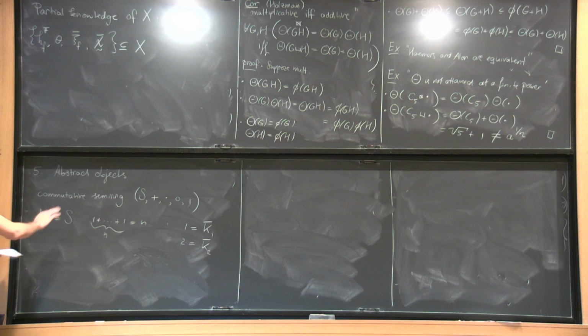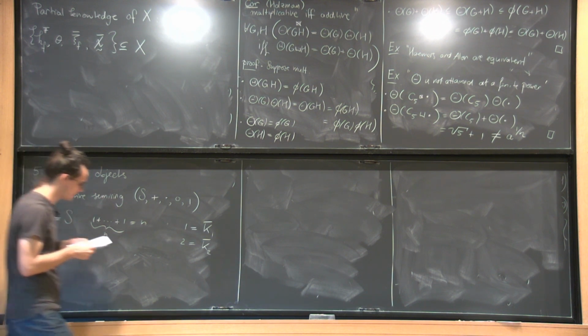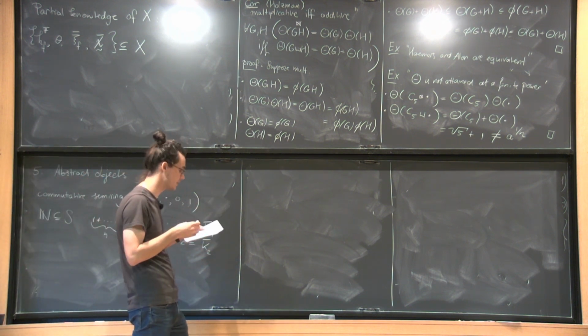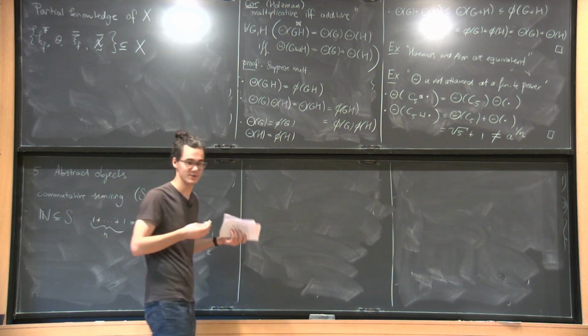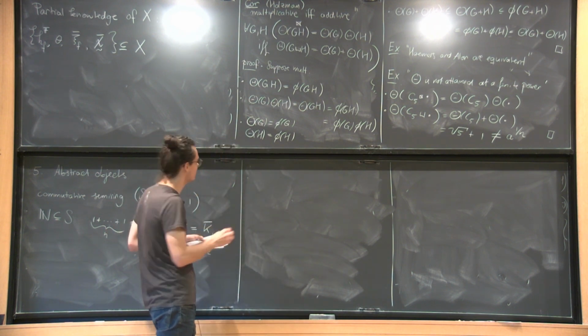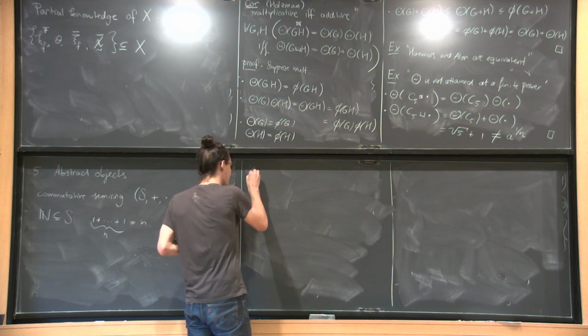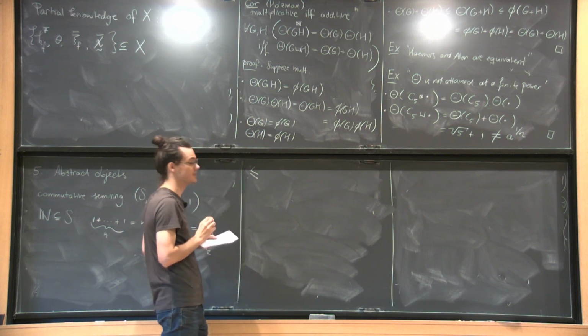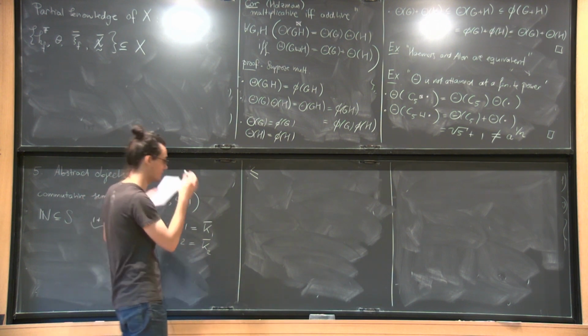So we have a semi-ring. There's a notion of natural numbers. And we have this pre-order that I keep talking about, this relation on these elements. And it needs to satisfy certain properties for this theory to work out.